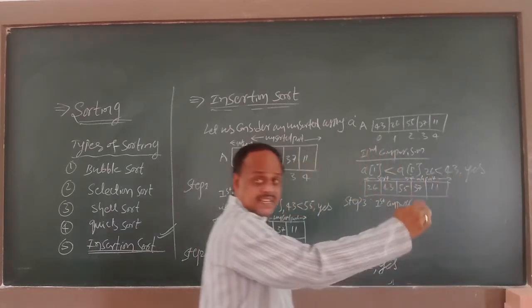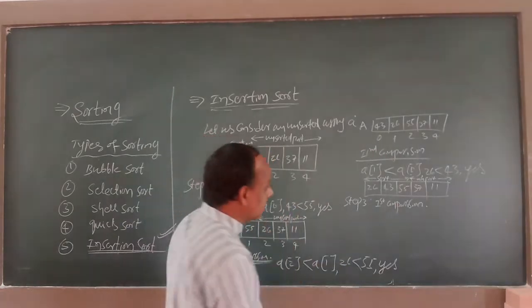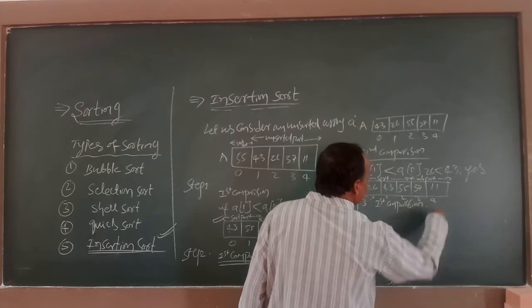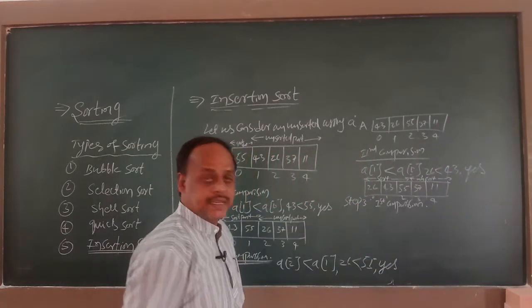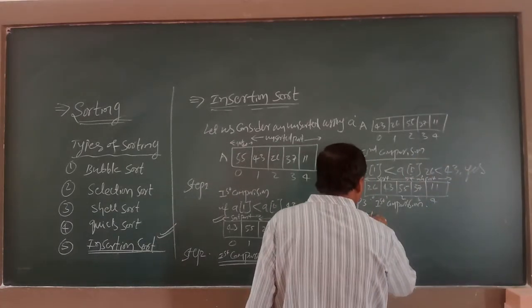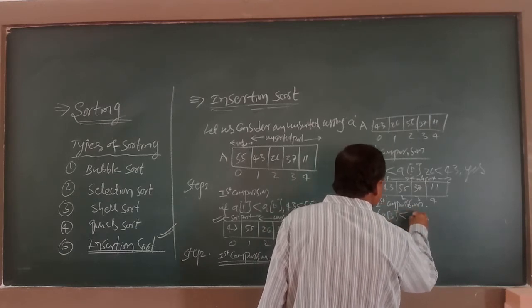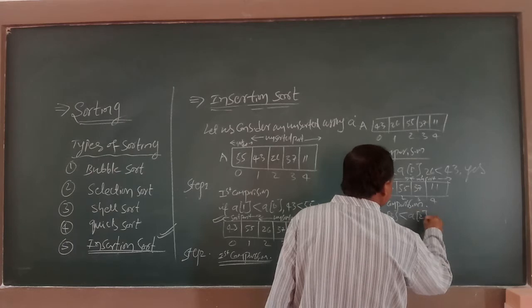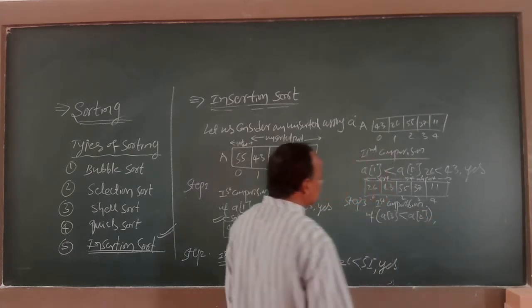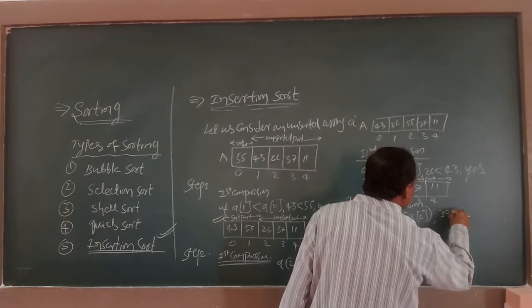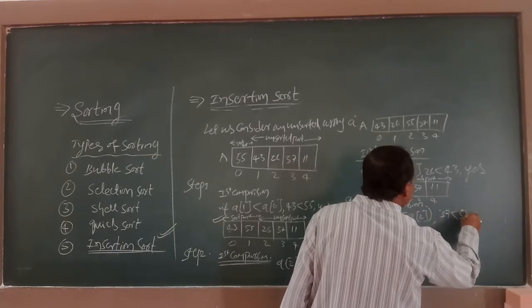Now consider the first unsorted location, that is A of 3. If A of 3 is less than A of 2, that is 37 is less than 55.